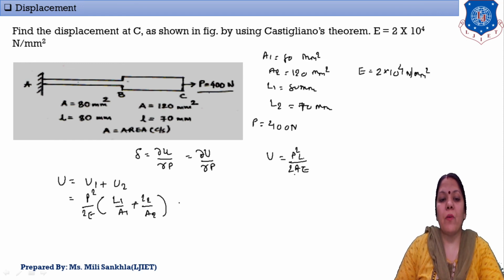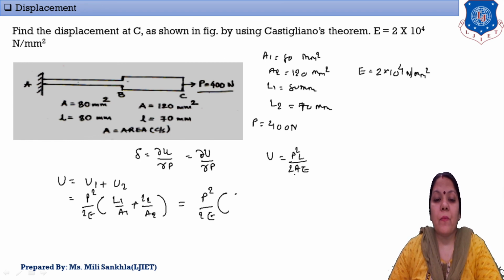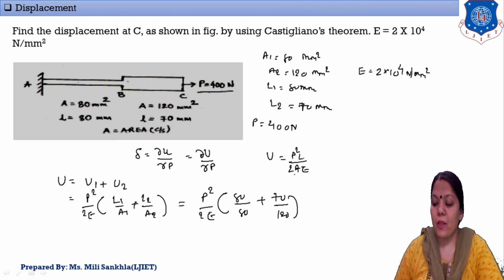So P squared divided by 2 into Young's modulus, then L1 is 80, A1 is 80, plus L2 is 70 and A2 is 120.